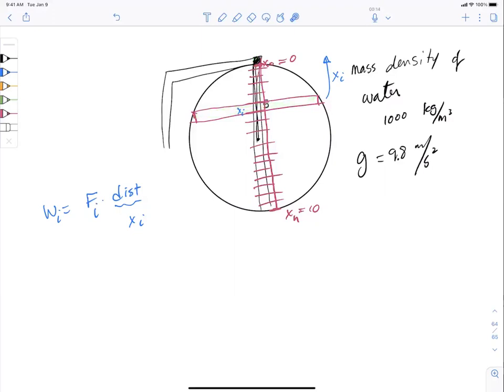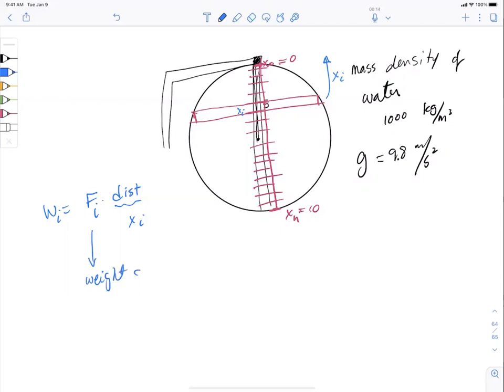So now what I need to do is calculate the parts. I already have the distance, so that's not a problem. I need to figure out what my Fi is. So let's see, what would Fi be? Fi is the weight of the water. And of course, the weight is mass times 9.8. Let's call it just weight.